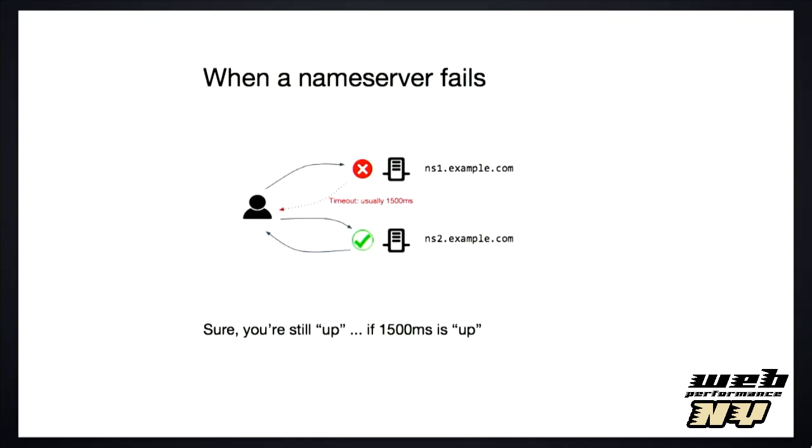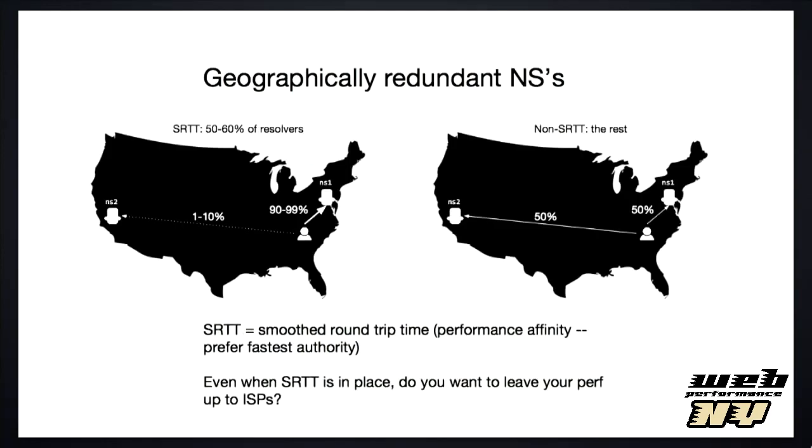So usually that timeout you'll see is about 1,500 milliseconds. One down name server can result in a 1,500 millisecond delay in this end-to-end DNS resolution process. Not okay for one of the name servers in your loop to fail, even though DNS is built to be resilient in this way. It was never considered as a performance tool, right? So it's one thing to think about.